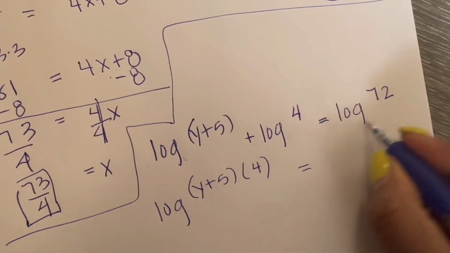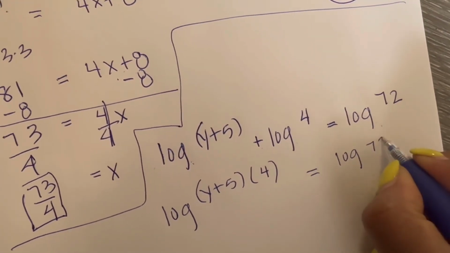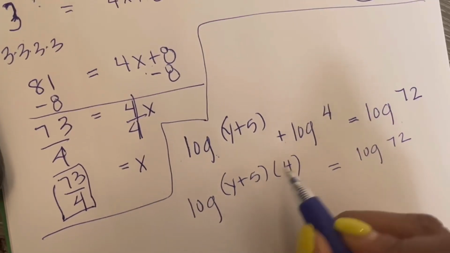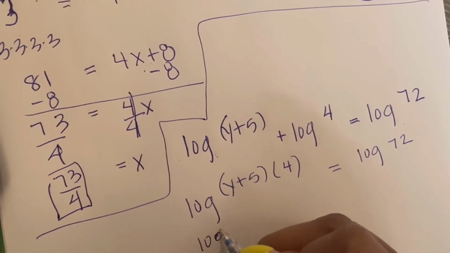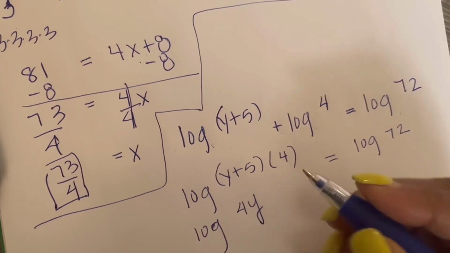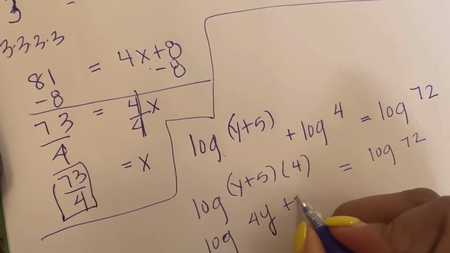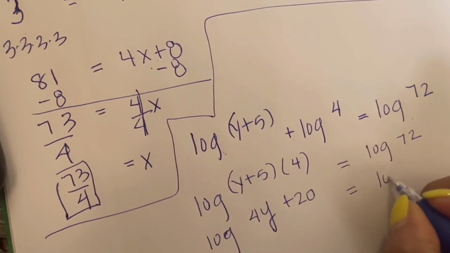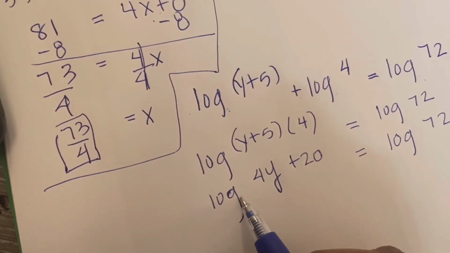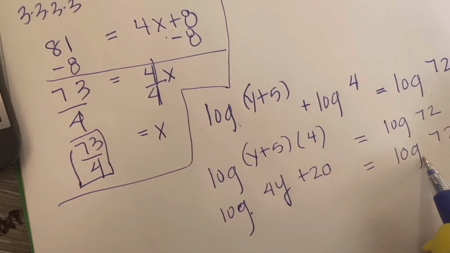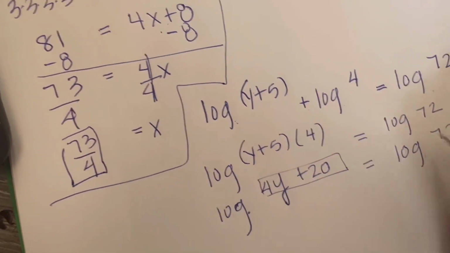And then drop this down, log of 72. Multiply 4 times y. That's 4y. 4 times 5 is plus 20. Equals log 72.